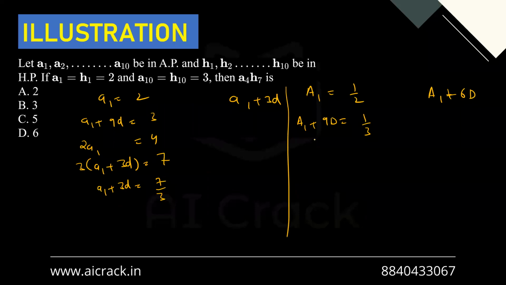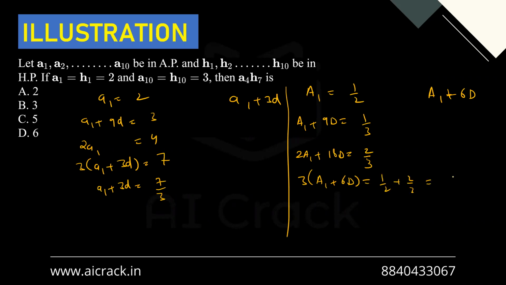We'll do the same calculation over here. We'll be multiplying this with 2 and adding it to this one. So that would give me 2A1 plus 18D equals 2 by 3. And if I add this to the first equation, I'll be getting 3 times A1 plus 6D equals 1 by 2 plus 2 by 3.